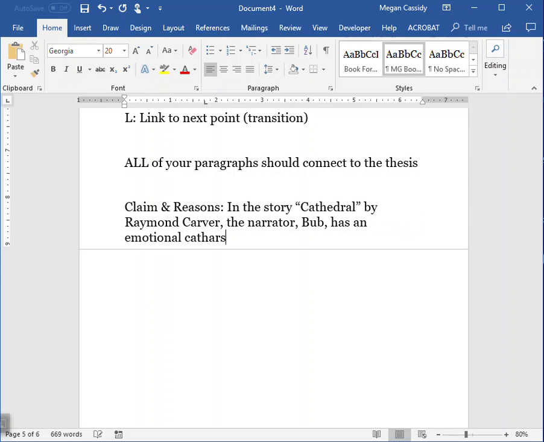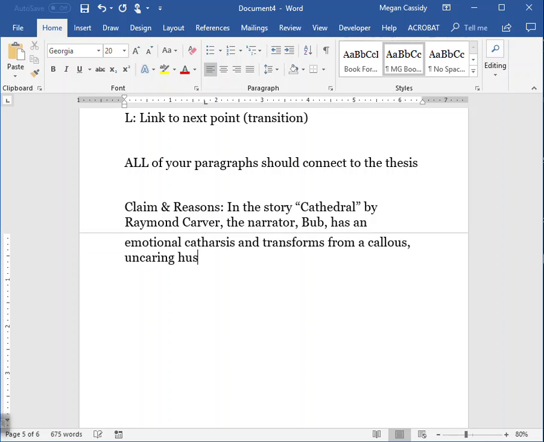That means like an outpouring that kind of changes you and transforms from a callous, uncaring husband into a man who is more sensitive.